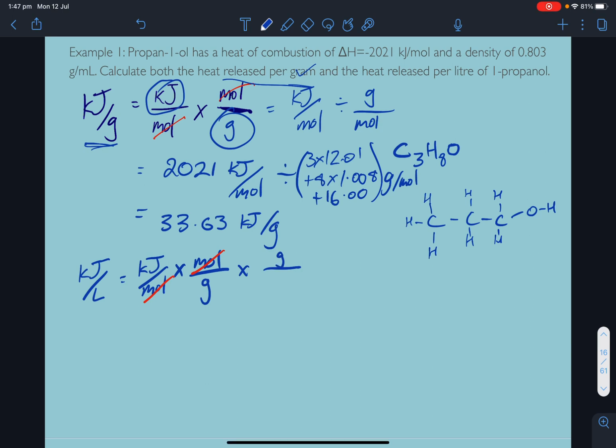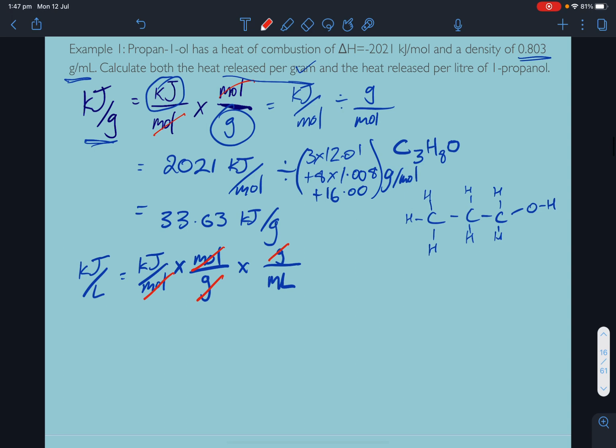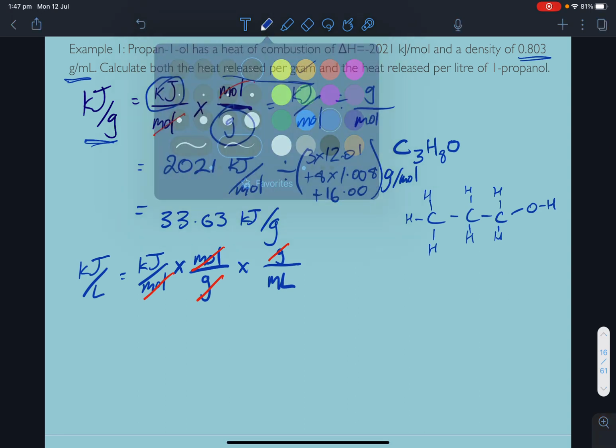We've got grams per milliliter from the question, 0.803 grams per milliliter, so we can put that in there. But you'll see the trouble is the grams are going to cancel and we're left with milliliters on the bottom. We want litres on the bottom.